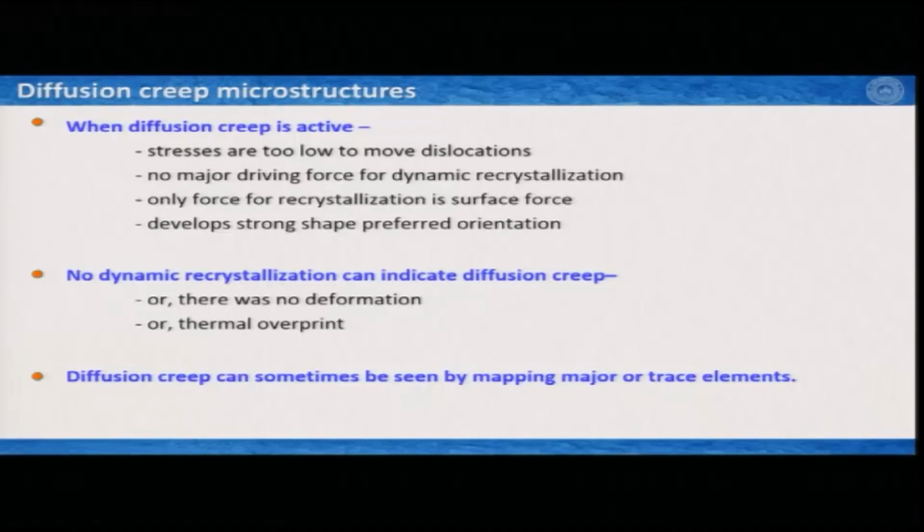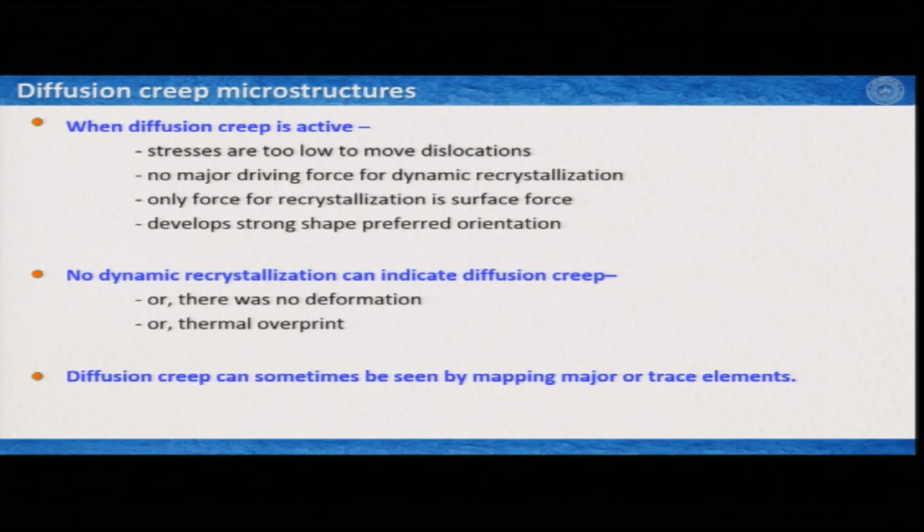Now the only force for recrystallization you have is the surface force, and therefore it develops a very strong shape preferred orientation. So you do not have any dynamic recrystallization, that means that there was no deformation or there is no thermal overprint.